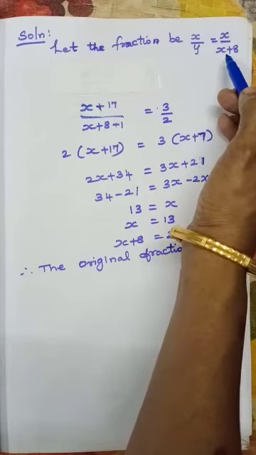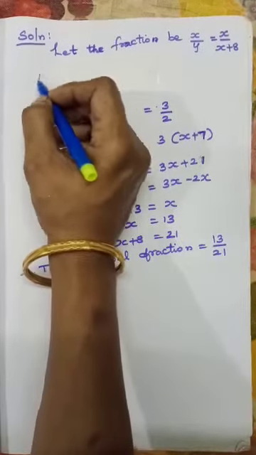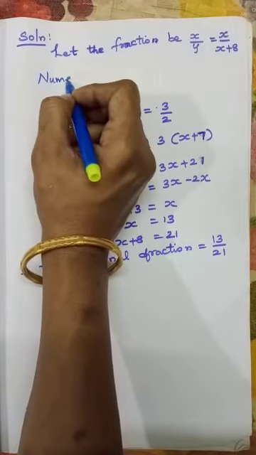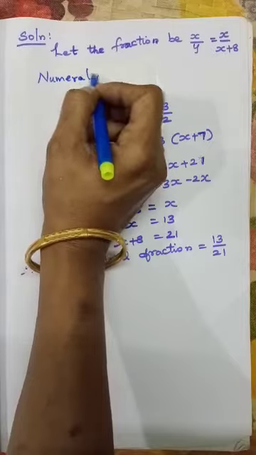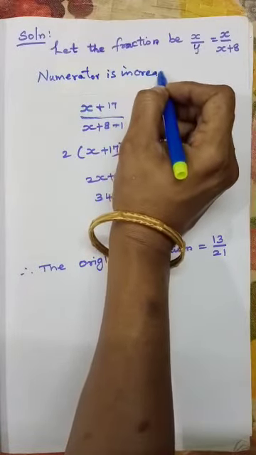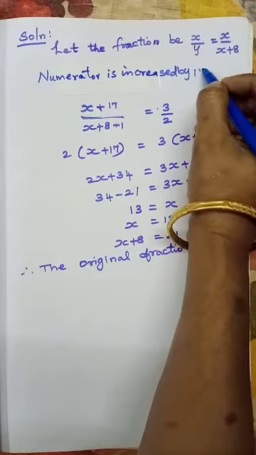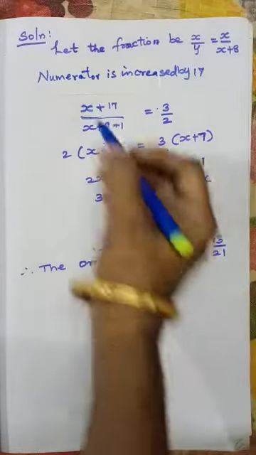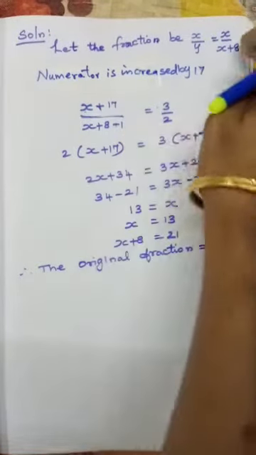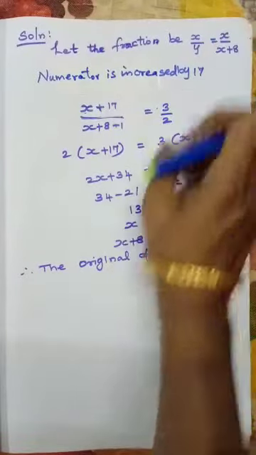After that, they said if the numerator is increased by 17, so x plus 17. Here we are adding 17 to the numerator.